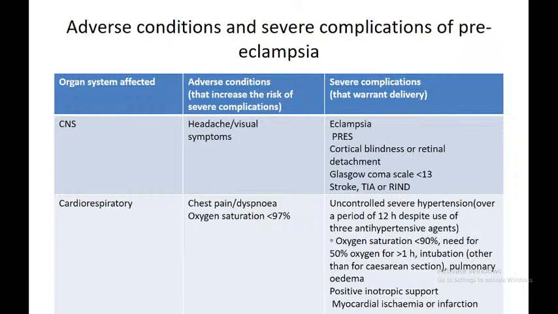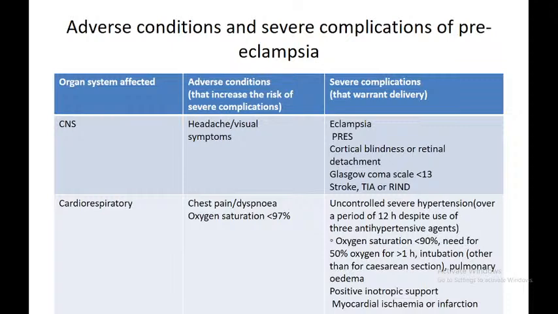So in the central nervous system, the adverse conditions being headache and visual symptoms, and the severe complications that we encounter, the most common being eclampsia or PRES, that is the posterior reversible encephalopathy syndrome. A few of the women might even have cortical blindness, or the blindness could be because of retinal detachment as well.